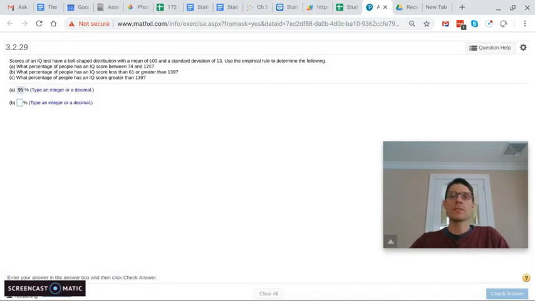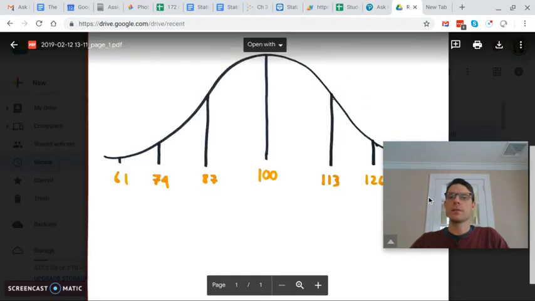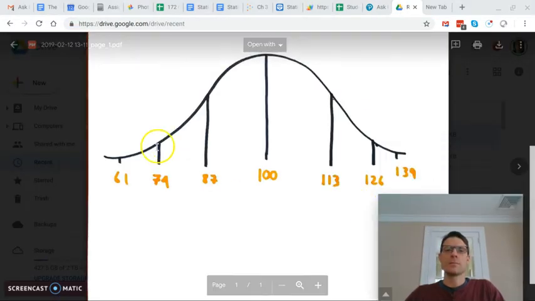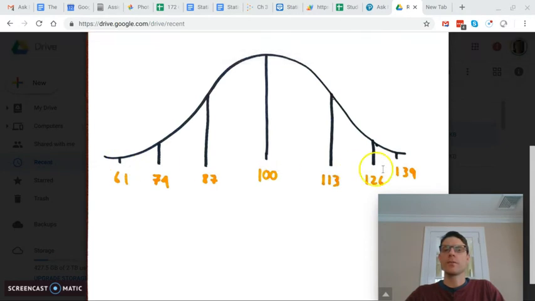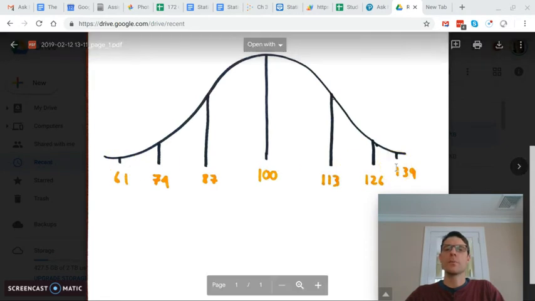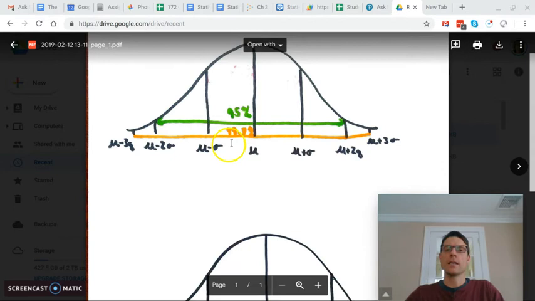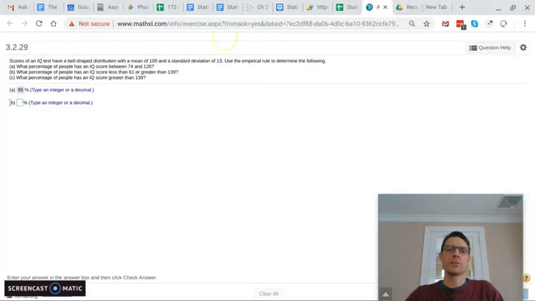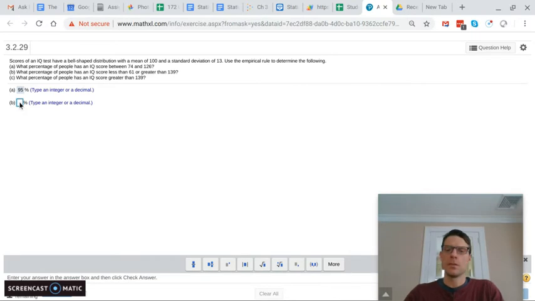Then we have between 61 and 139. This is going to be 3 standard deviations. So we know from the empirical rule that 99.7% are within 3 standard deviations to either side of the mean.